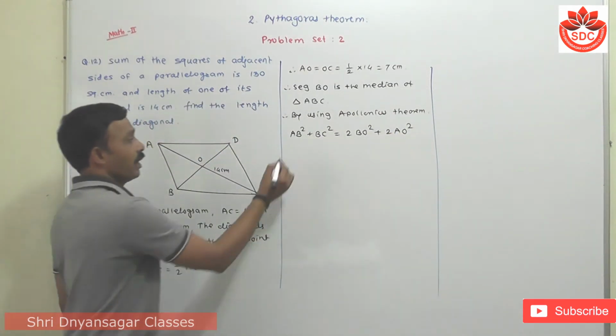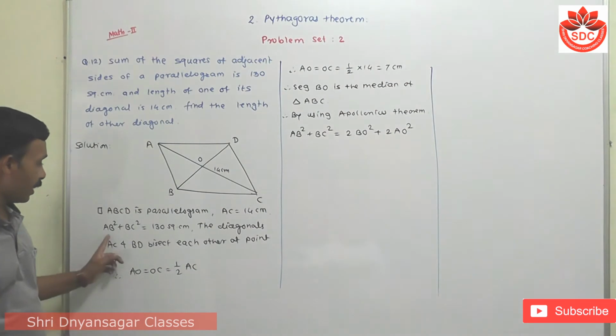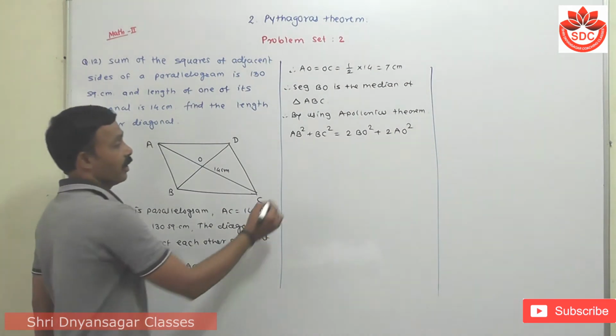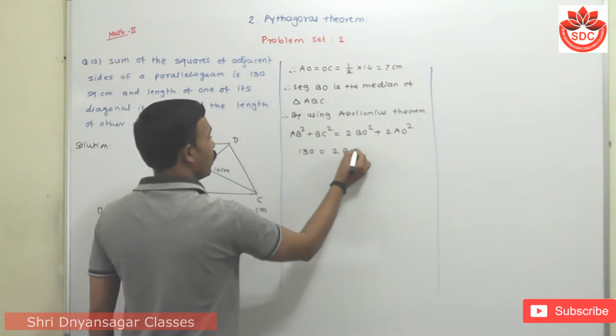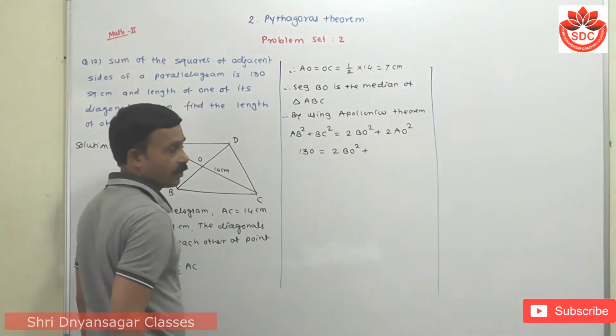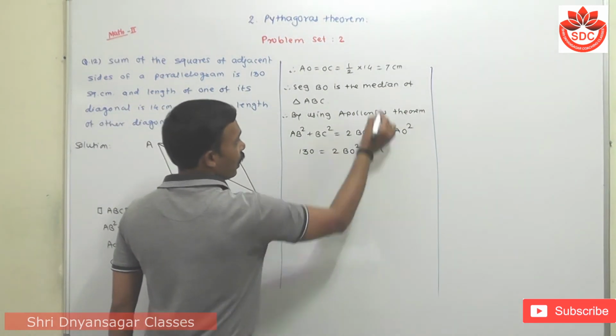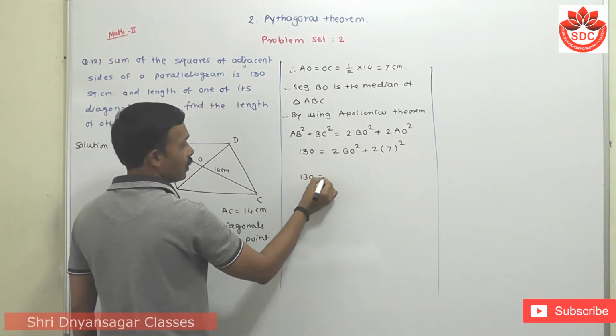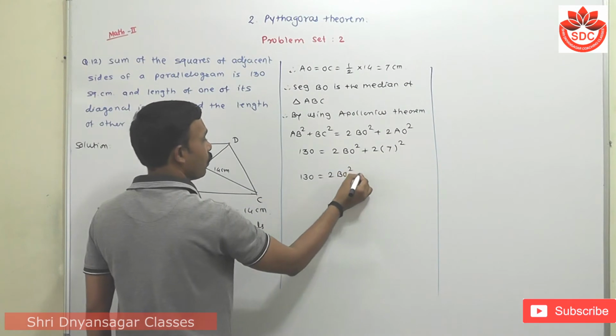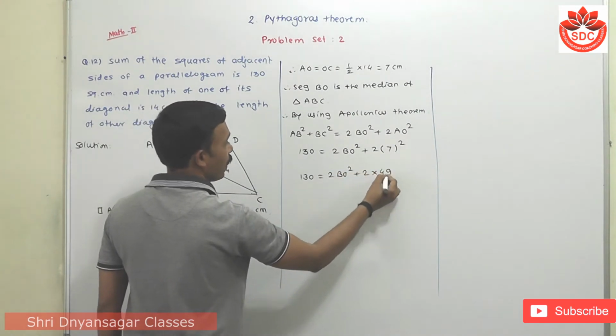Substitute this value. AB² + BC² is directly given here as 130, so I substitute 130 = 2BO² plus 2 into AO, which is 7². Then 130 = 2BO² + 2 into 49.